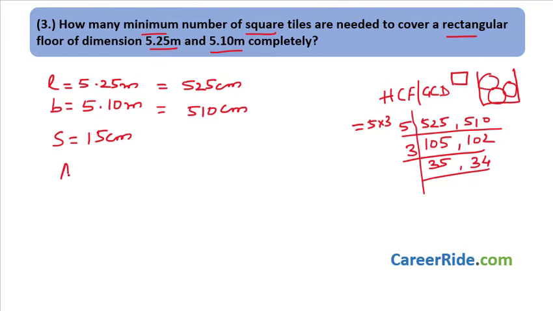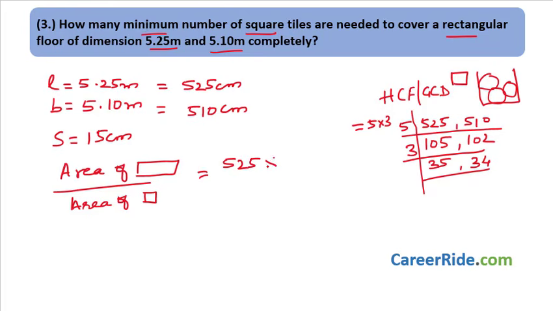Now, how many tiles do we need? The minimum number of tiles is the area of the rectangle upon the area of the square tile, right? This is the number we will get. What is it? This is 525 multiplied by 510, the two sides given to us, and we know that the area of a square is side square, so this is 15 into 15 here.